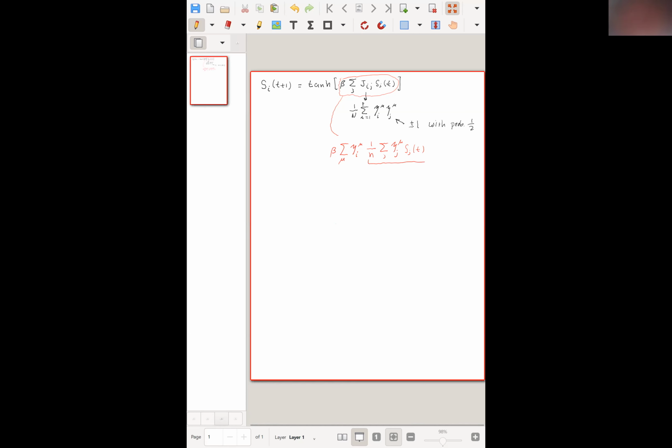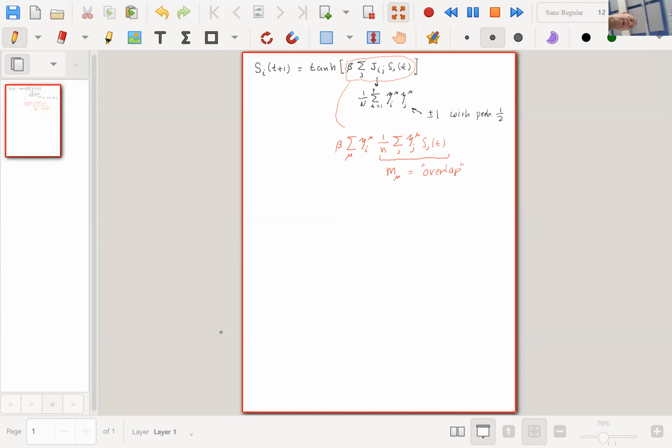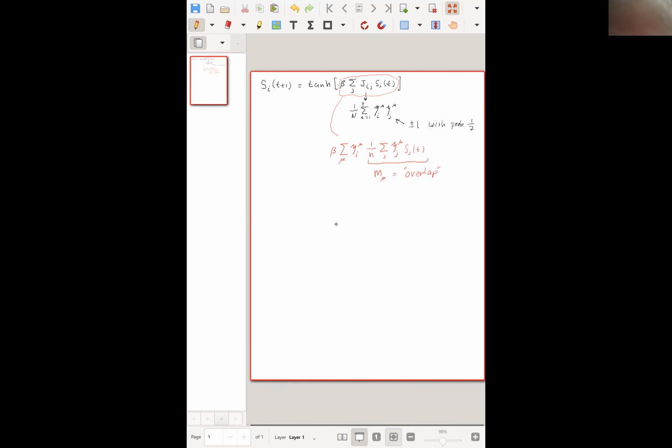And this we call the overlap. The reason we call it the overlap is that it tells you the extent to which S_j of t lines up with eta_j^mu. If S_j of t is equal to eta_j^mu, then m^mu equals 1.